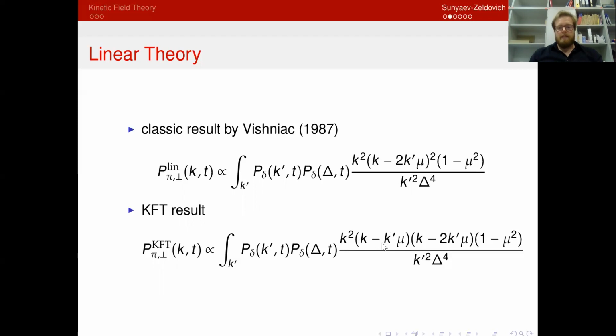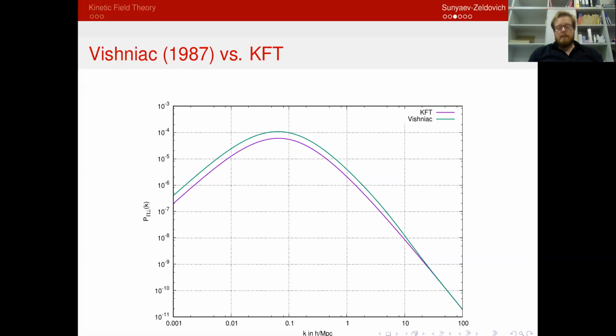We are missing the factor of 2 right here. So looking at the plot, we see that for the very smallest scales right here, we obtain the same result, but for the linear scales or the larger scales, our result is off by a factor of 2.